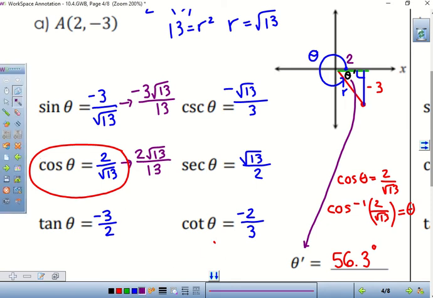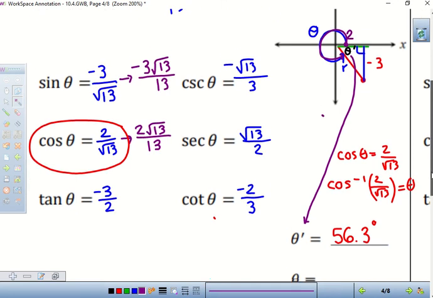So the way that we find theta is we look at how that angle could have been formed. That angle, we always start on the x-axis on the right here. And we opened up to form that angle. Now that angle almost makes a 360, right? But it doesn't quite make a 360 because it has this piece here. So any ideas on how I could find the measure of that angle?